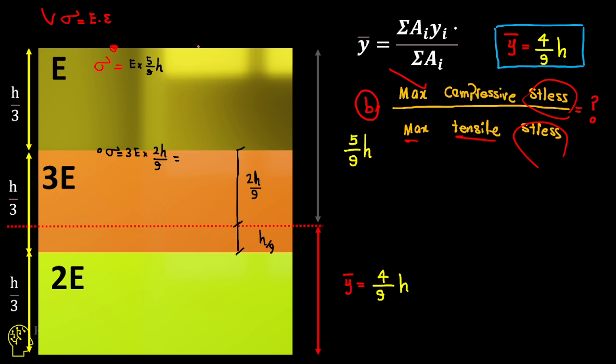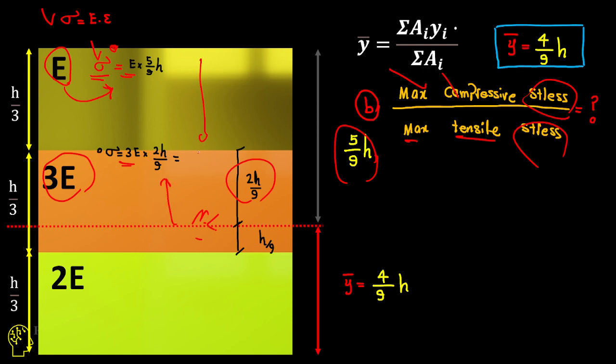The distance is 5h over 9 from the centroid to the very top, so we multiply the modulus of elasticity by that strain to calculate the stress at that point. When you travel down to the boundary of the two layers, to find the maximum, go with the higher modulus of elasticity, 3E times 2h over 9, which is the distance from the neutral axis to the location of the boundary of the two layers.